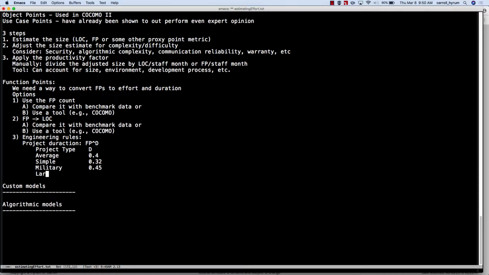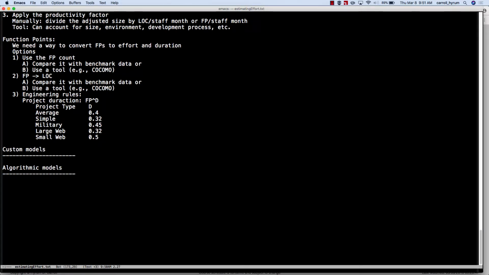Okay. If you're dealing with web projects, we break them up into two categories. A large web project is scaled at the same amount as a simple project, but a small web project has a longer duration. Does that make sense?